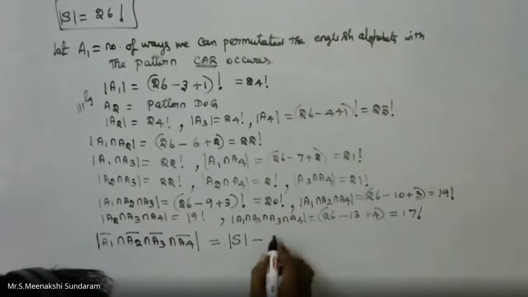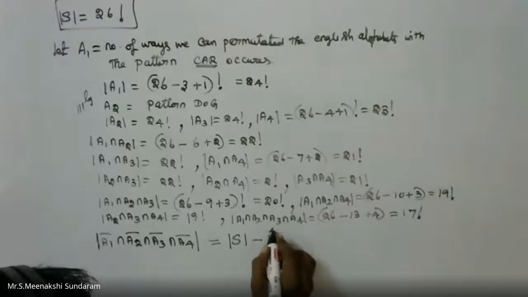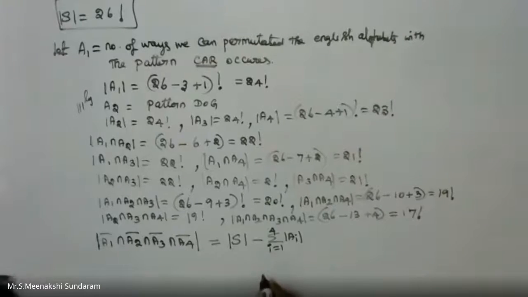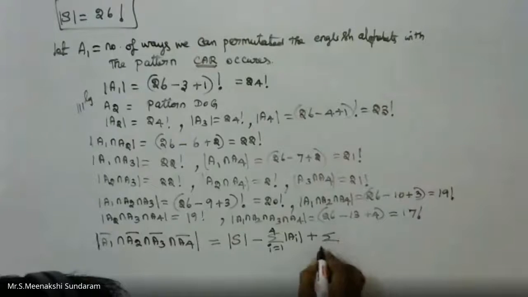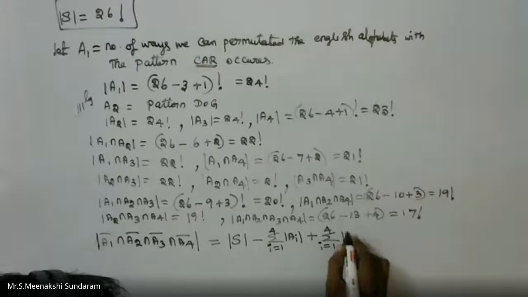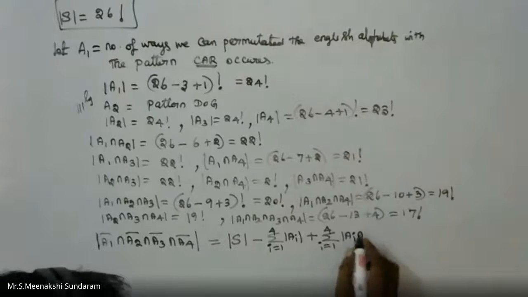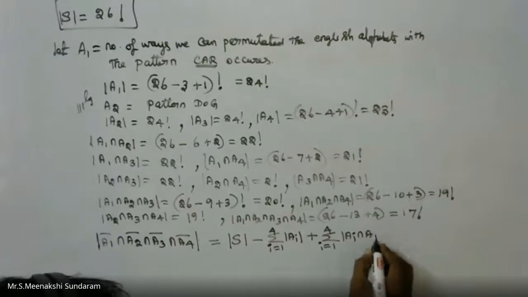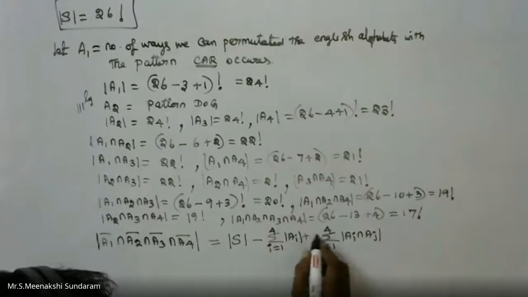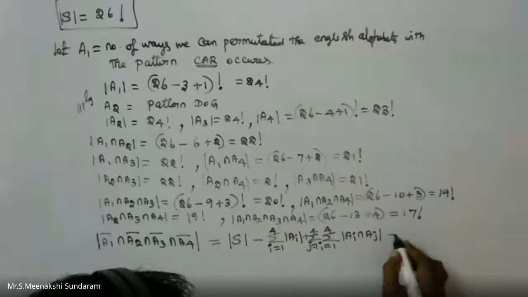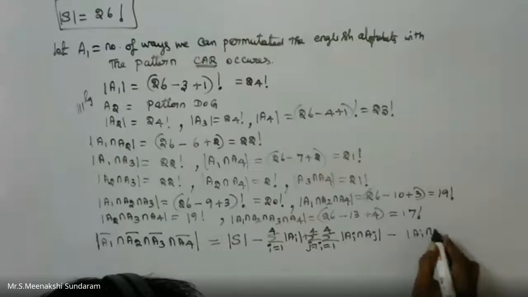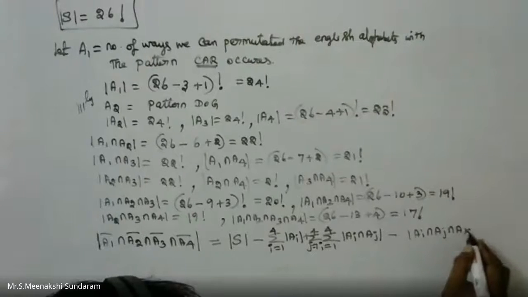First, you can identify the individual terms: summation of i equal to 1 to 4 of Ai, that is A1, A2, A3, A4. Minus, plus, minus. Next, plus summation of Ai intersection Aj, but a double summation will come, where j is also 1 to 4, so 1 and 2, 1 and 3, 1 and 4, etc. Next, minus, similarly summation of Ai intersection Aj intersection Ak.